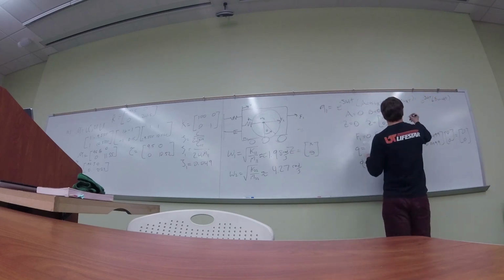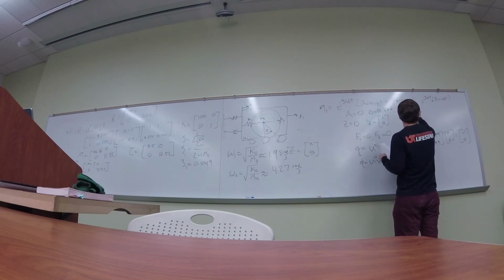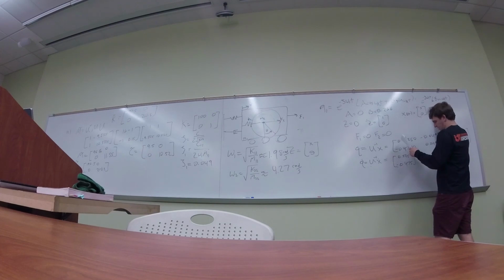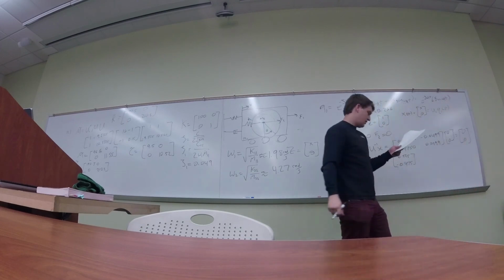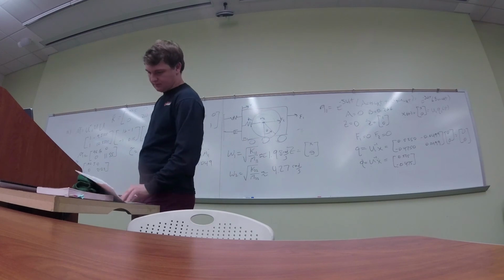And from there, x of t is a vector of x and theta. You find that that is going to be equal to the first modal coordinate times q1 of t, and now you have your solution for the system.